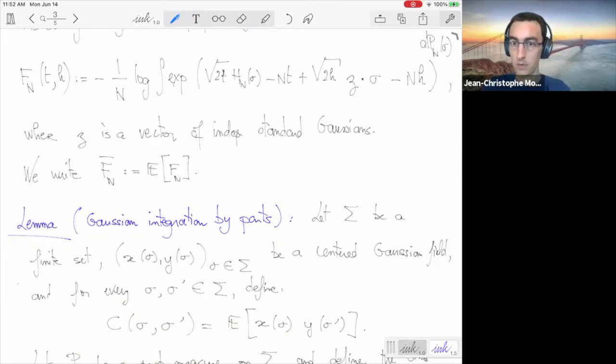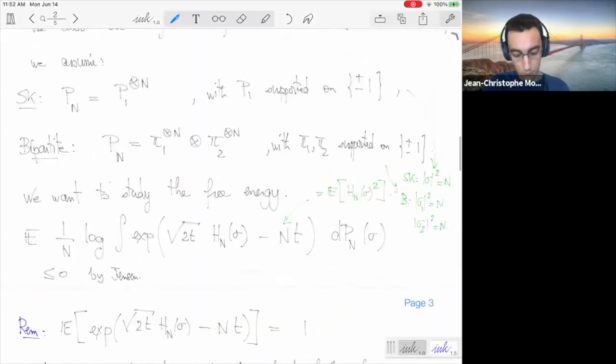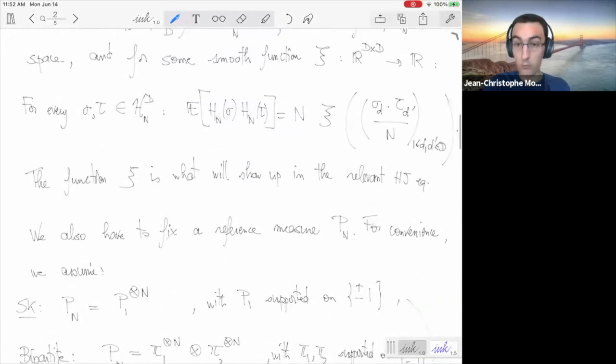What I want to make sure of is that, at the end of the day, the covariance is going to have this form: a function of the matrix of scalar products.